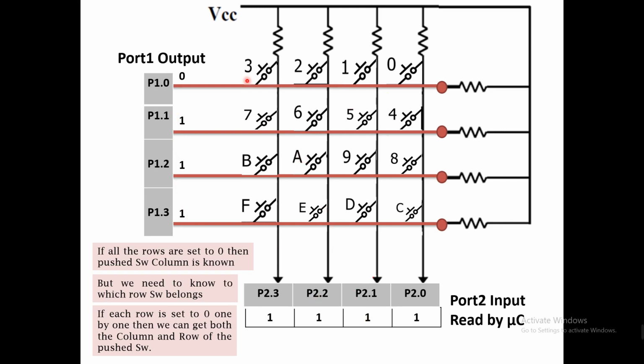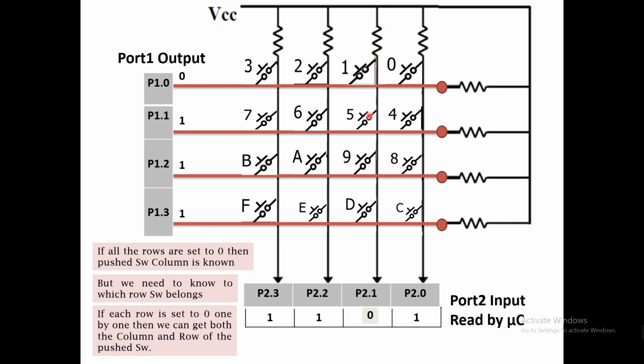But if we place 0 here and key 1 is pushed, then this ground, this 0 value will make P2.1 a 0 value. So this confirms that under this condition, if P2.1 is 0, switch 1 is confirmed.